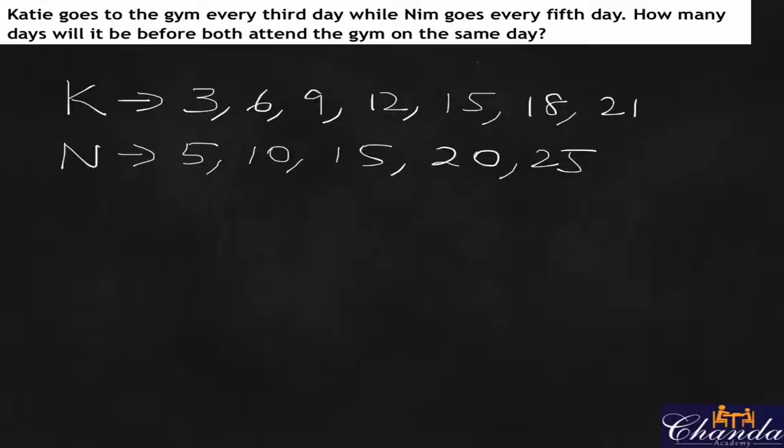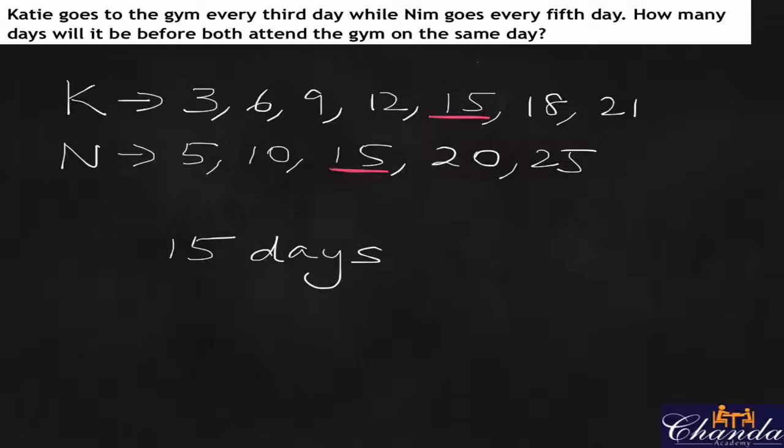Now, again, it's a matter of finding the common multiple. So Katie would have gone to the gym on her 15th day. Nim, on the other hand, would have also gone to the gym on the 15th day. So 15 is the minimum number of days before they both attend the gym on the same day.